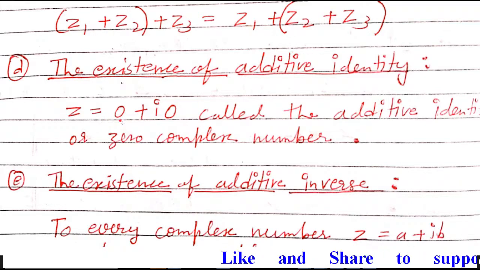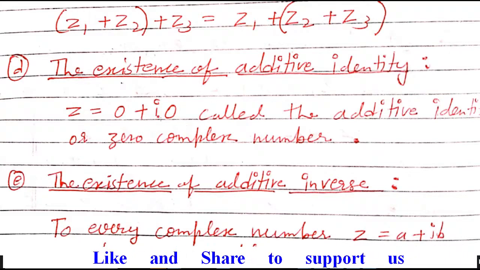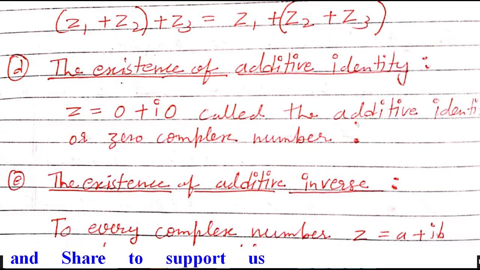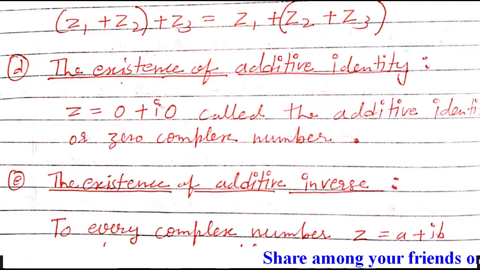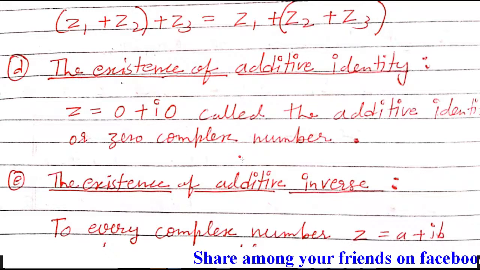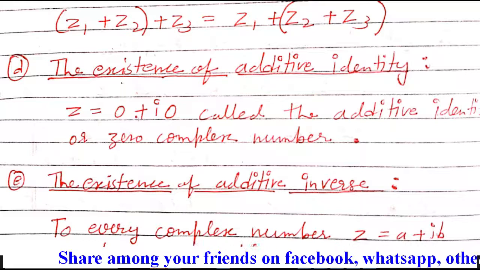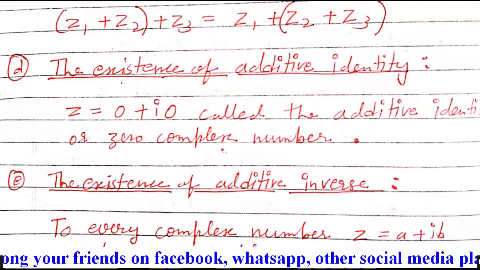But that 0 we converted into the form of a complex number by writing it like this, and z equal to 0 plus iota 0 is called the additive identity. It is named the zero complex number, and it is the additive identity in the complex number system.